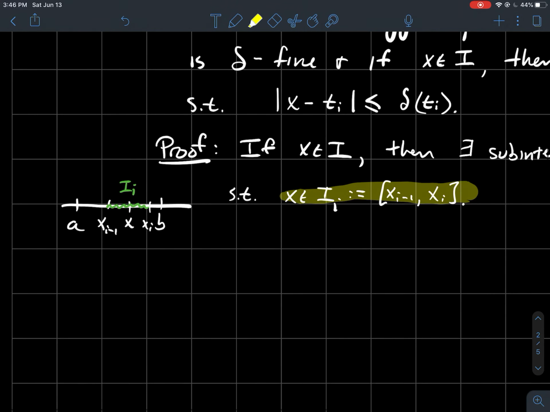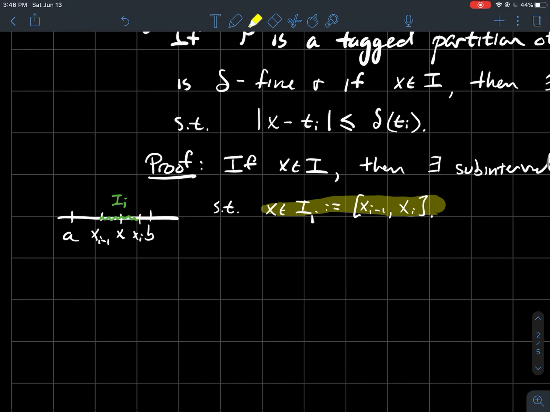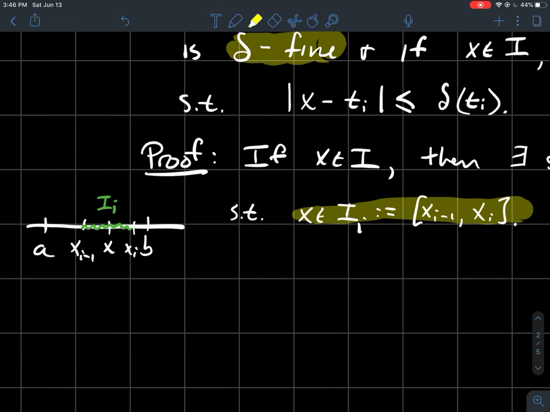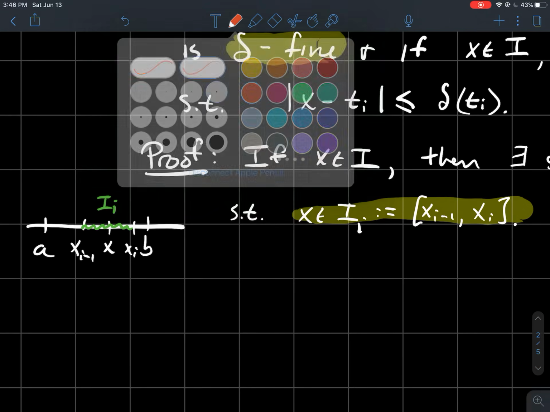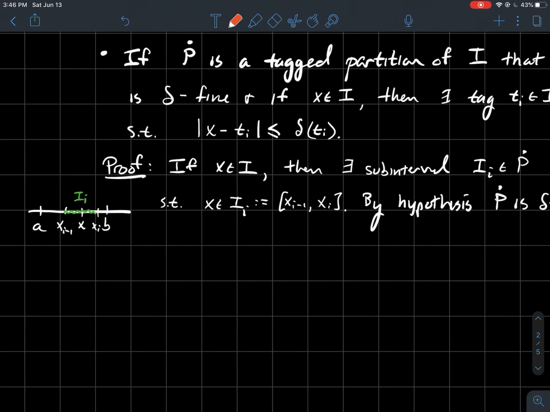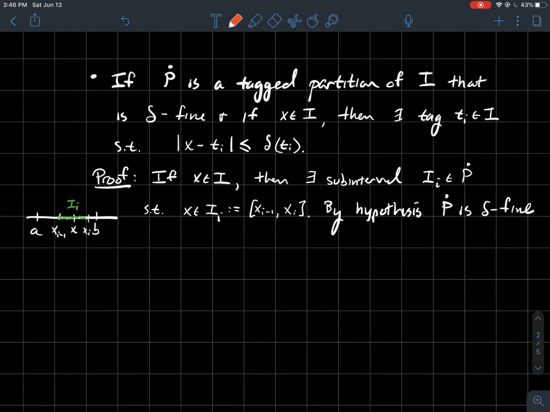So now I'm going to use the fact that I get to assume that my partition is delta fine. Therefore, this green interval should be contained in the window around the tag. And so whatever the tag is, which is ti, I'll introduce that in a second. So ṗ is delta fine.